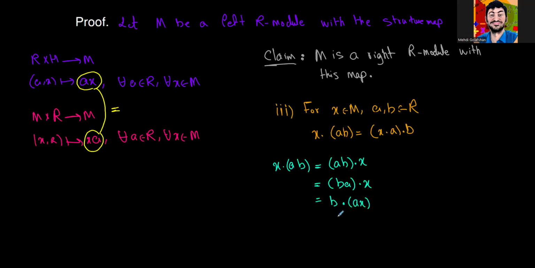So right now, again here, we can use this fact. So we can write that ax times b, because this is one guy from the ring and this guy is the one guy in M because of this multiplication rule.